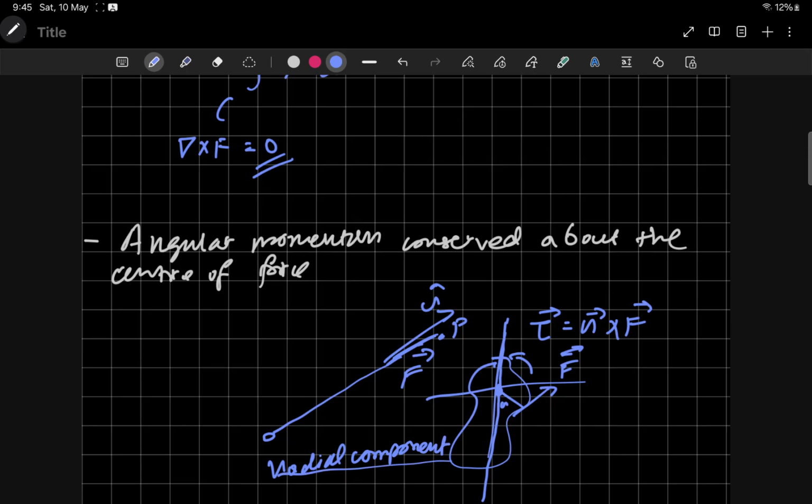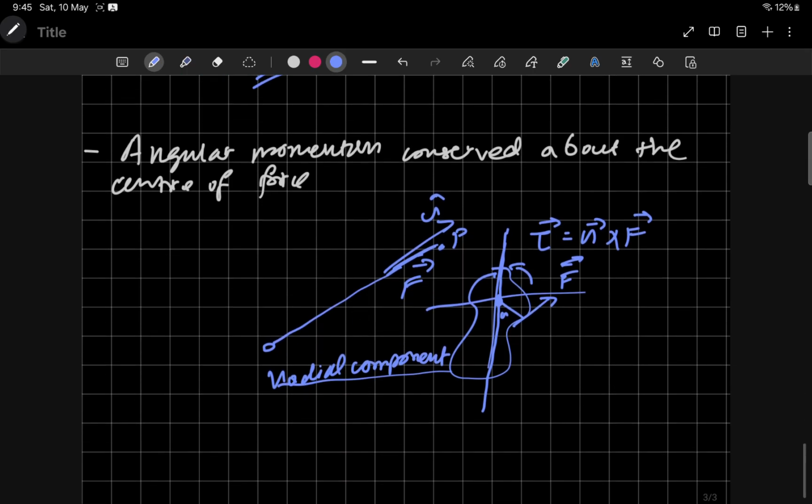Both your force and your r cap are in the same direction, so your torque is going to be equal to 0. So you can say your R is parallel to F. And we know that torque is the rate of change of angular momentum, so that becomes 0.